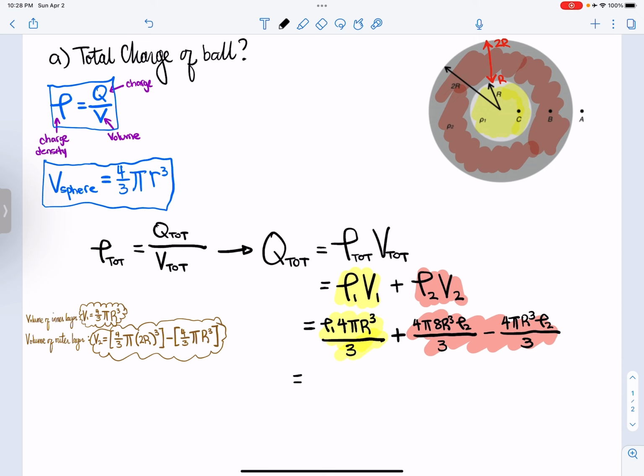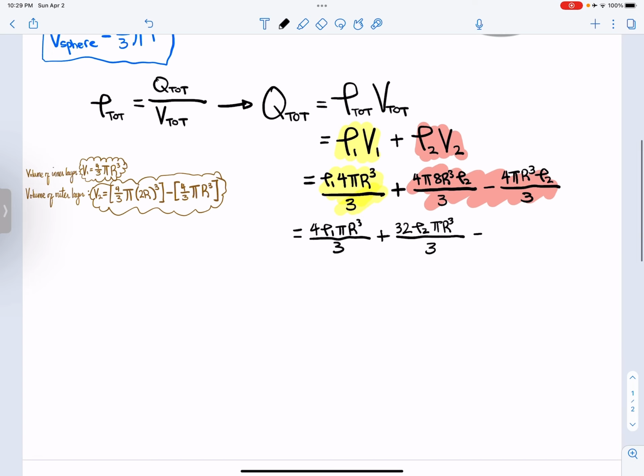So that would be 4 rho 1 pi r cubed over 3, plus 4 times 8, that's 32 rho 2 pi r cubed divided by 3. And that's minus 4 rho 2 pi r cubed divided by 3. Okay.